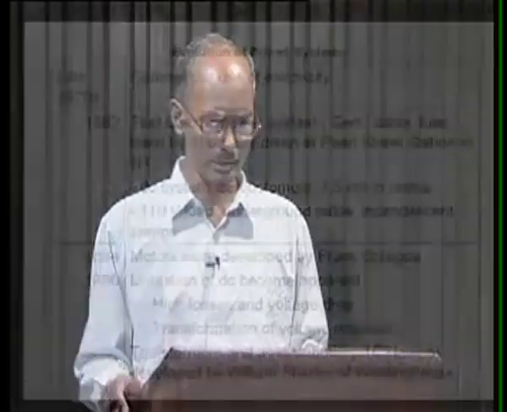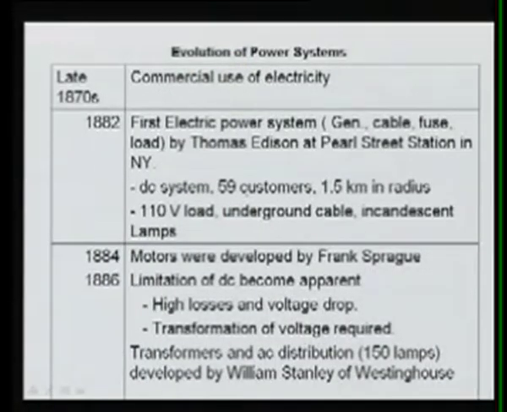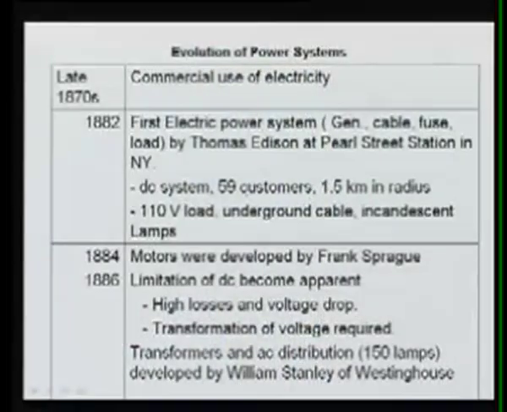It was feeding power to 59 customers in a radius of approximately 1.5 kilometers. The operating voltage was 110 volts, and it mostly supplied incandescent lamps, meaning simple bulbs. At that time, 4 DC generators of 25 HP were used.